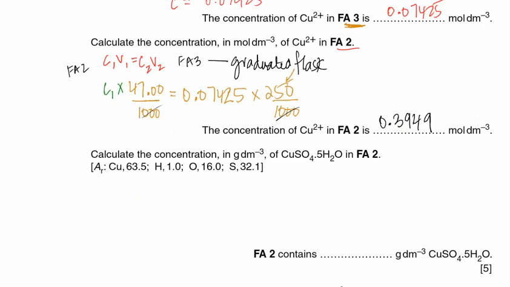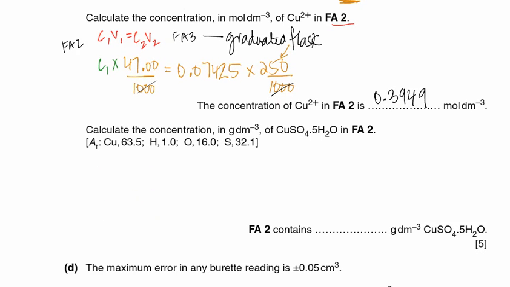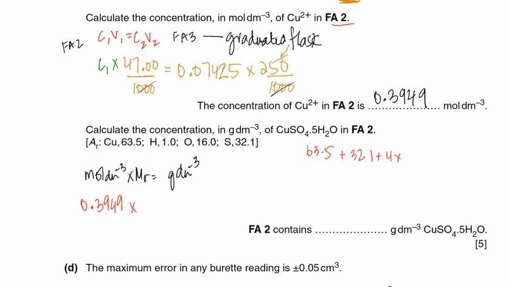And how do I find grams per dm cube? Well, moles per dm cube into Mr is grams per dm cube. Moles per dm cube we got is 0.3949, and Mr, if you do the math, it is 63.5 plus 32.1 plus 4 times 16 plus 5 times 18 for water.